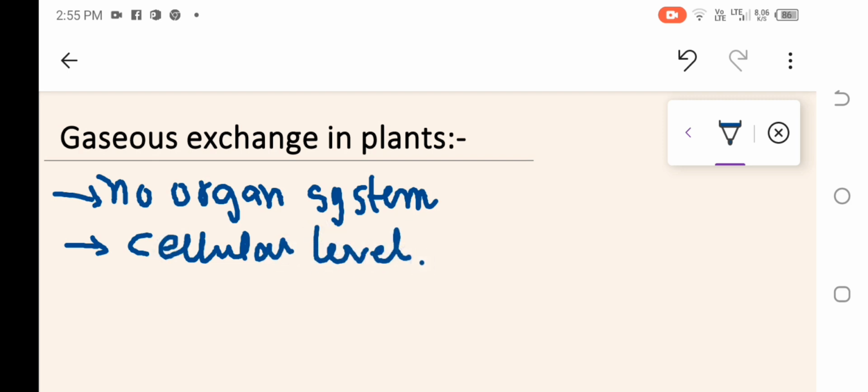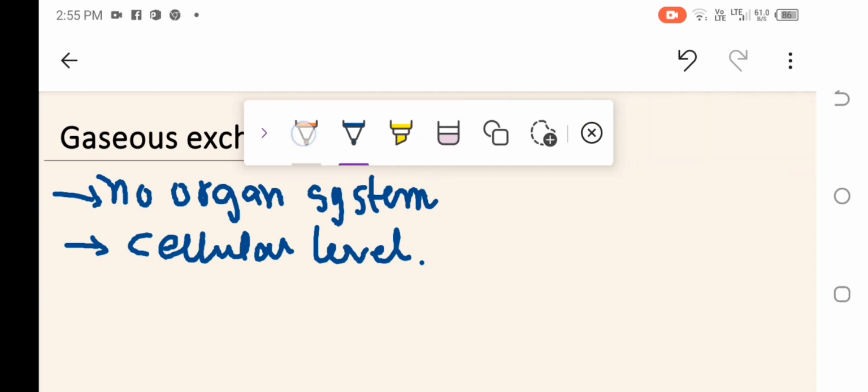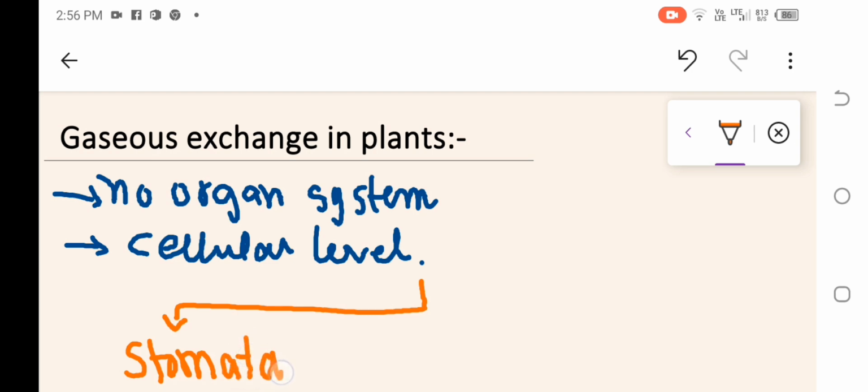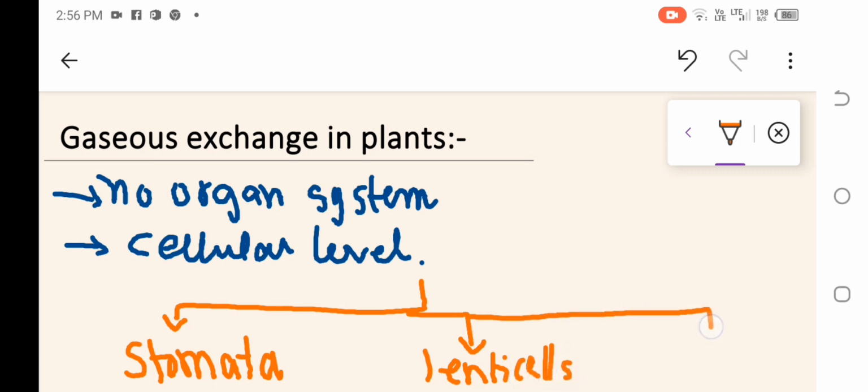Now you can see gaseous exchange basically takes place by three processes. Gaseous exchange can be done through stomata, through lenticels, and through roots.